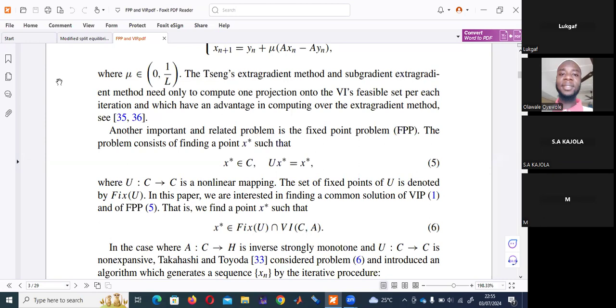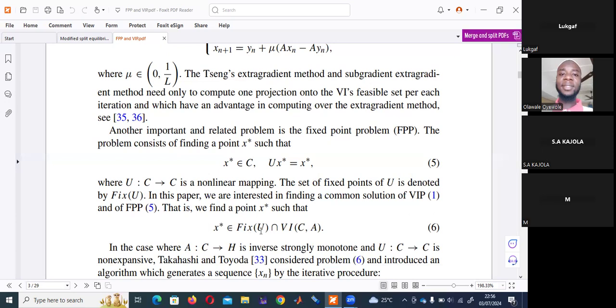So this is the formulation of the problem they want to consider now. You remember in this paper, they said U is demi-contractive and A is monotone and Lipschitz continuous. But I just mentioned that we can improve on this by making U not only demi-contractive but a bigger class of mapping, for instance demi-metric.